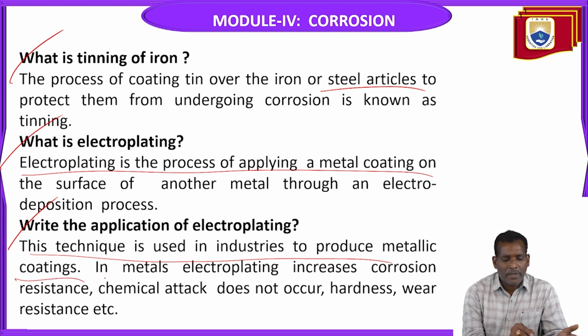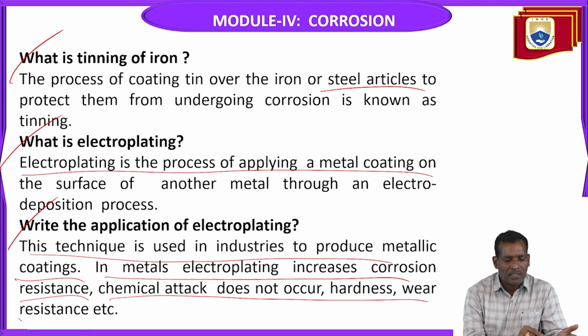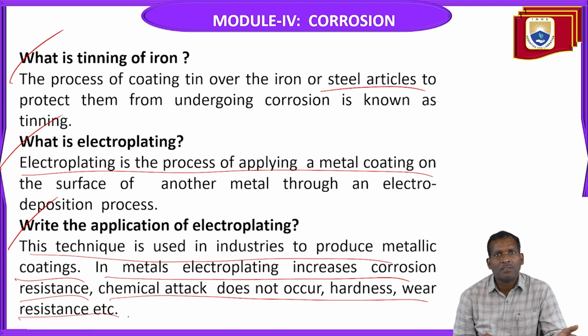In metals, electroplating increases corrosion resistance, chemical attack does not occur, and it improves hardness, wear resistance, etc. These are the applications of electroplating. So, in metals, what will happen? Electroplating increases the corrosion resistance.